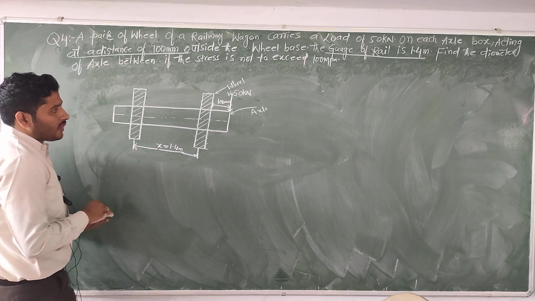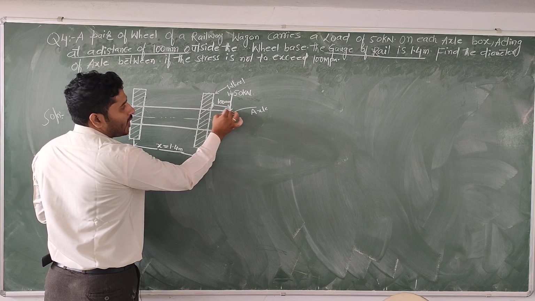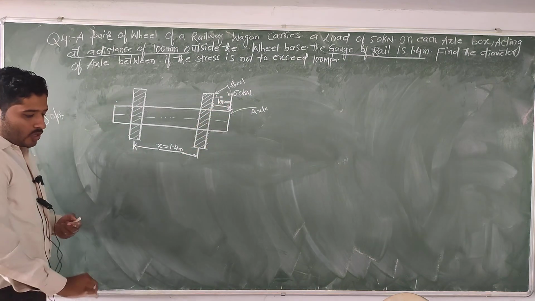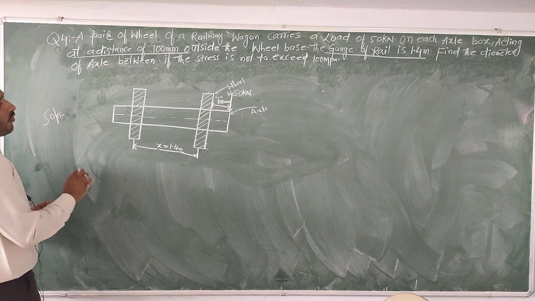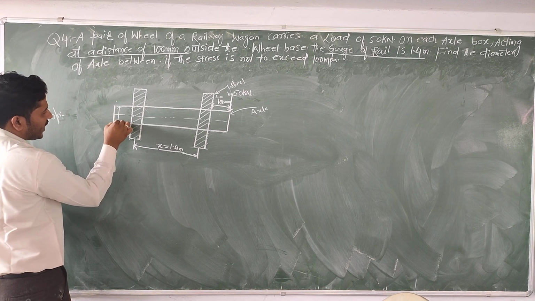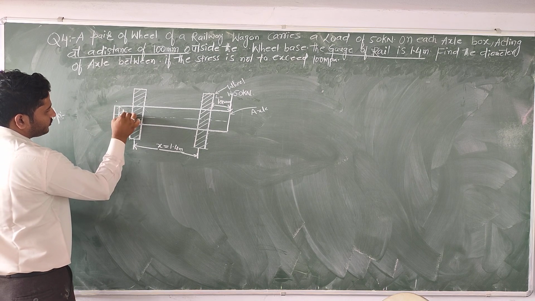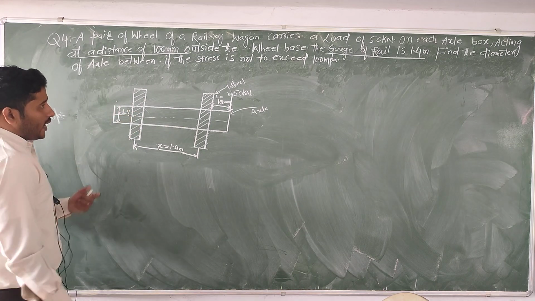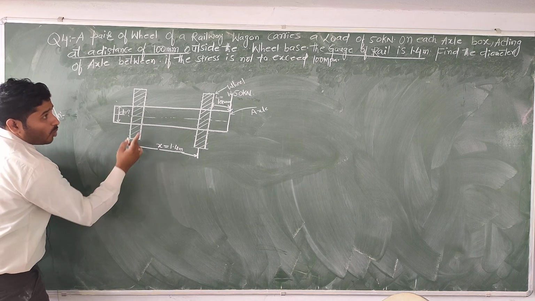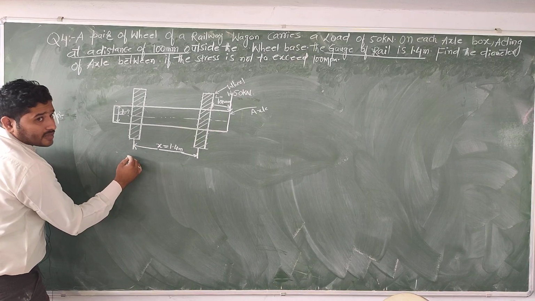The length from the outside of the wheel is given as 100 mm. In the given data, what we need to find out is the diameter of the axle. Here the stress is not to exceed 100 megapascal.